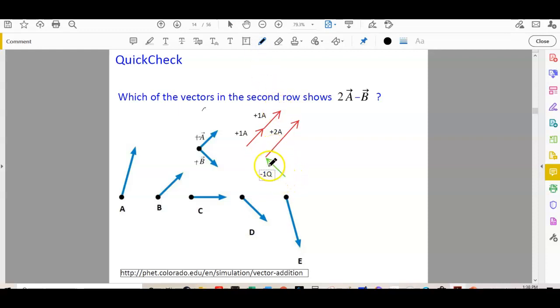It doesn't matter the order in which you do this. Again, I could have taken this and brought it up here, and you'd get the same thing as we've seen before. But I started here, at the tail of the -1B vector. I walked up and to the left, and then I walked a large distance up and to the right, so I ended here.